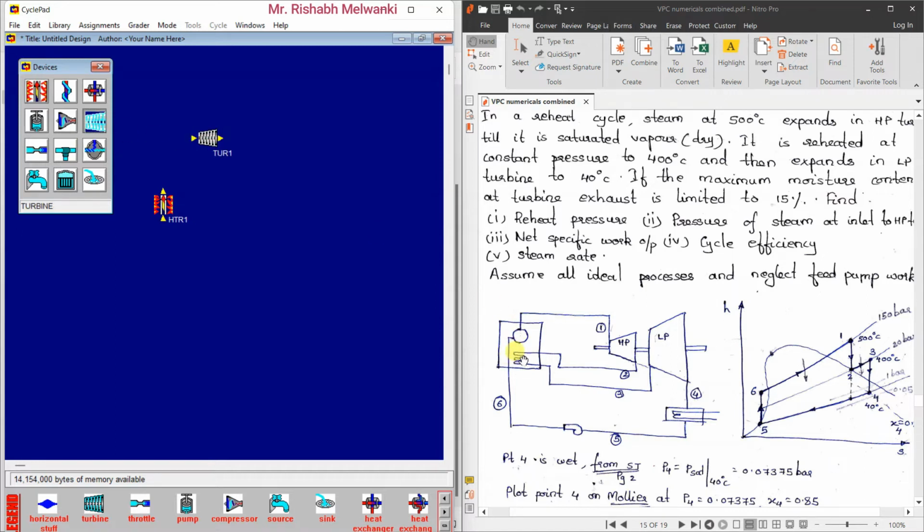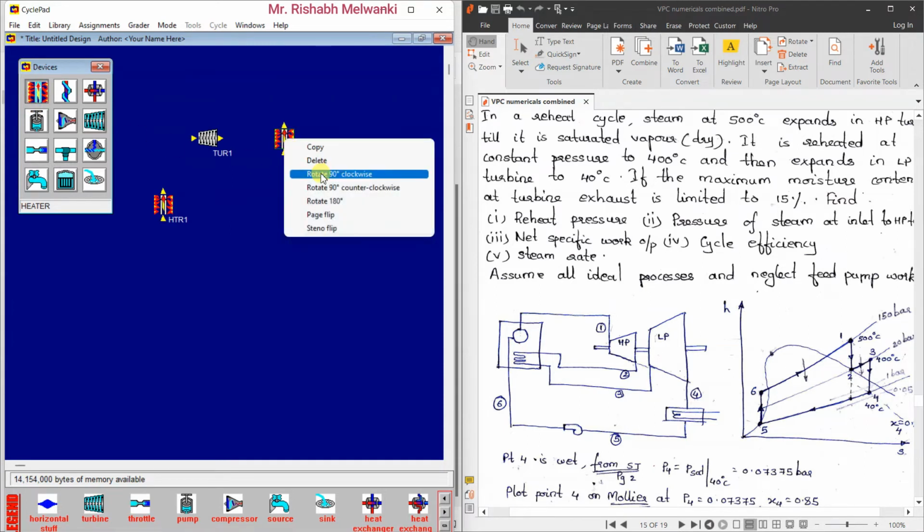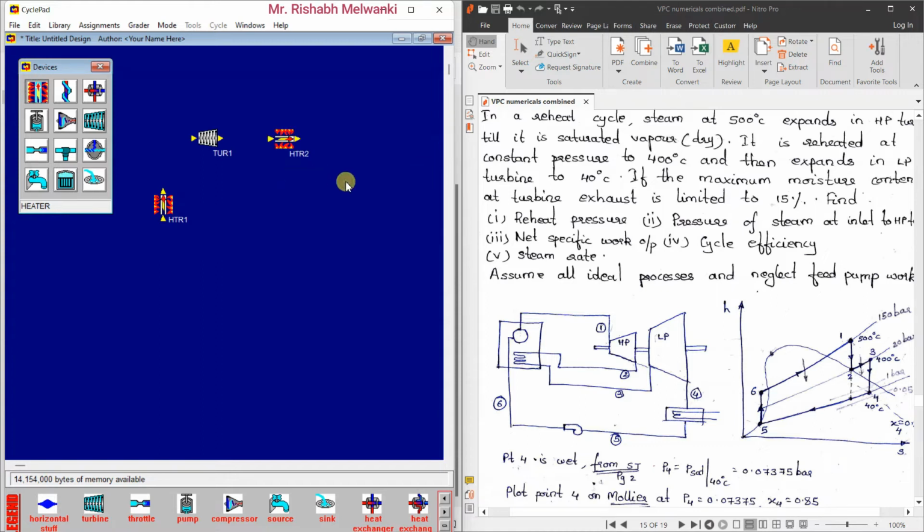Then we have again reheating, means we'll select boiler. I'll rotate this, right click, rotate clockwise 90°. Then after the reheater we again have the LP turbine, so I'll select turbine, left click and place the turbine over here, again left click.